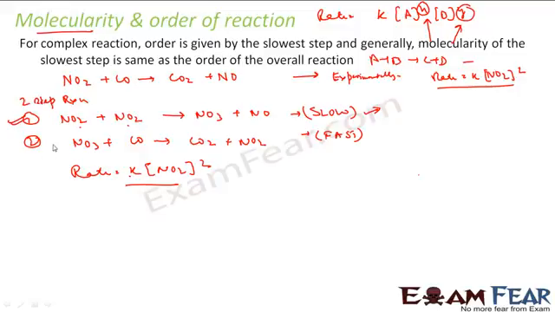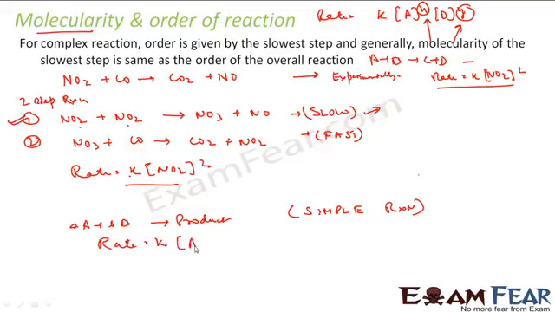So the simple rule is, for a simple reaction, for example, if I have a simple reaction A plus B giving some product, my rate will be k [A]^a [B]^b. In this case, you do not find the values experimentally; you can use a and b directly.